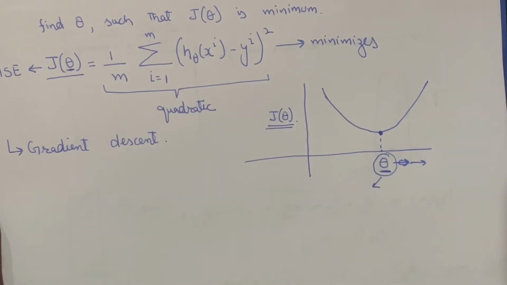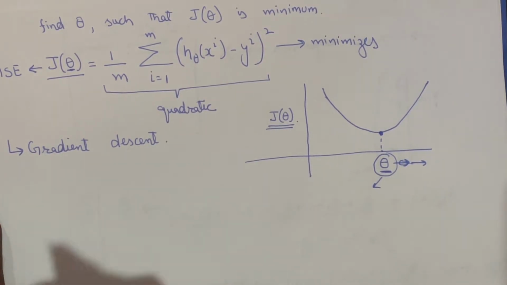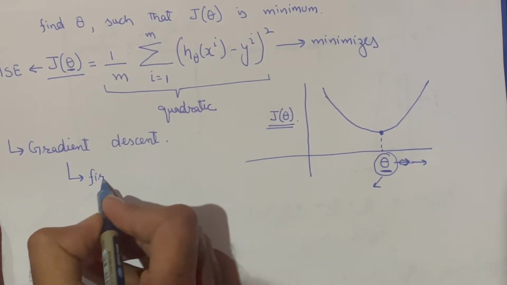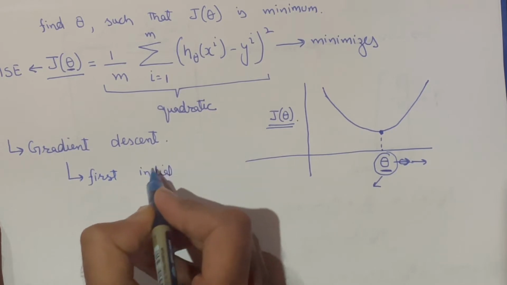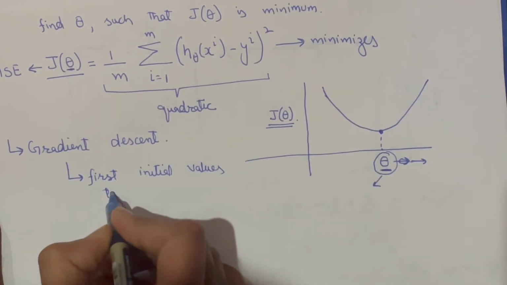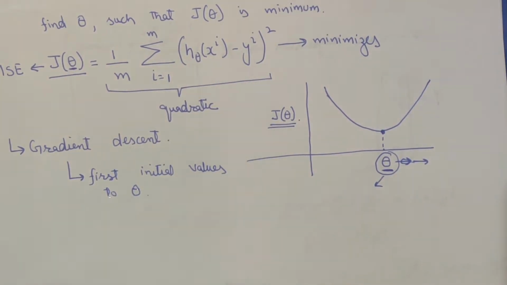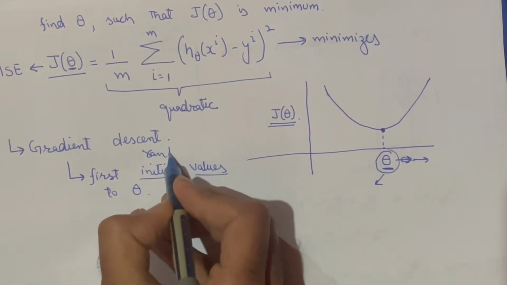Okay, now what gradient descent does, first it gives some initial values to theta. Those are any values of your choice, or we can say a random choice.